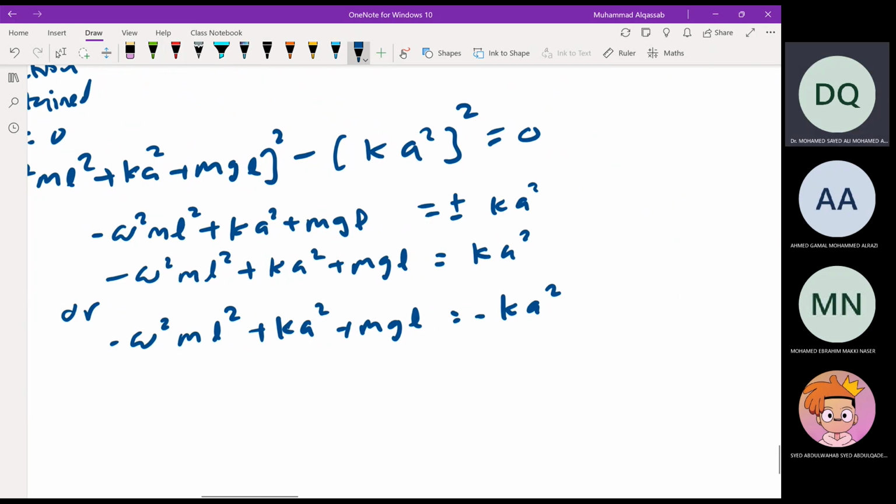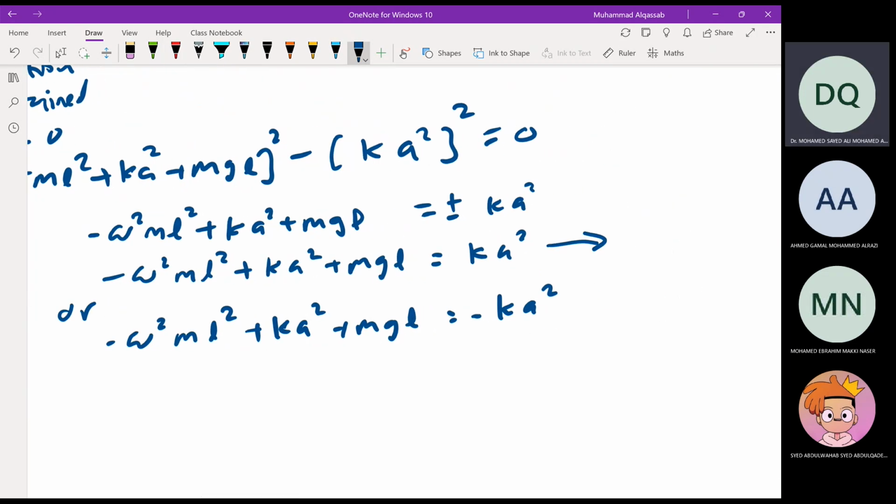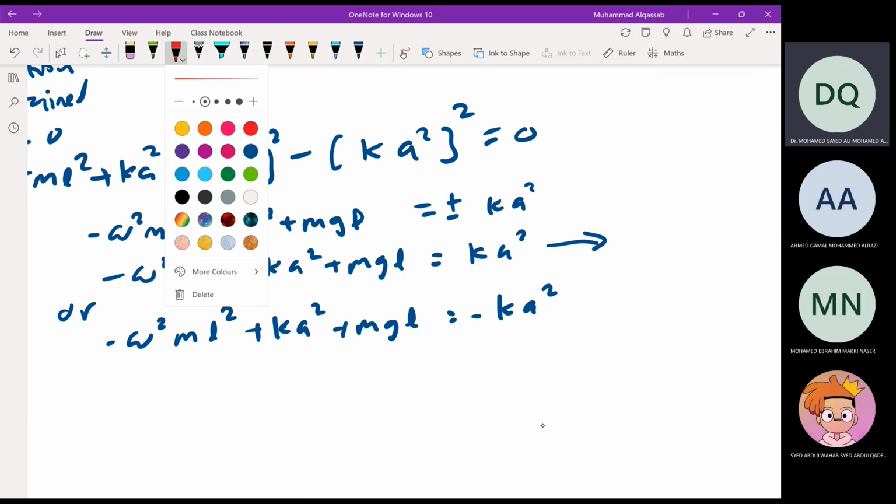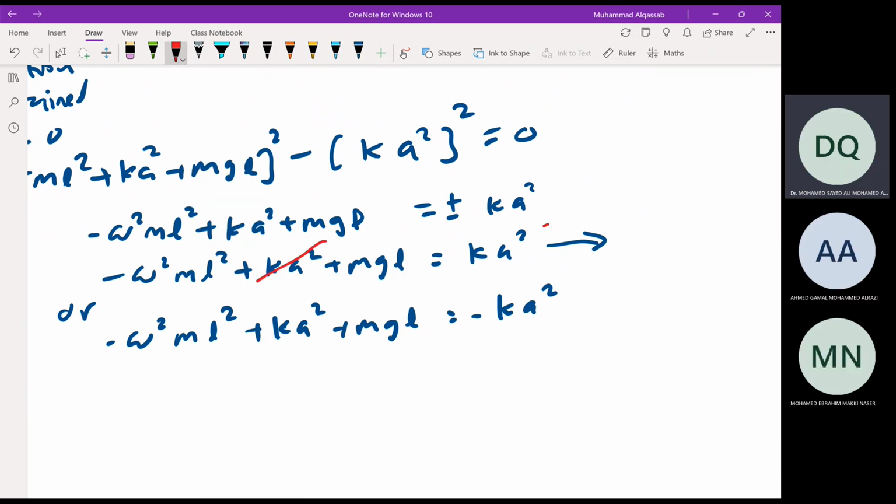Then this will be simplified, the Ka squared and Ka squared will cancel out. And then you can divide by L and divide by M. So this will give us that omega squared will equal G over L.